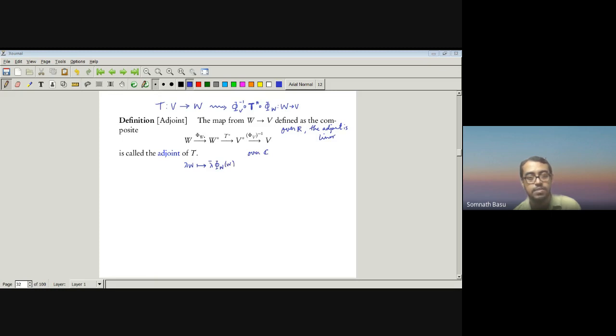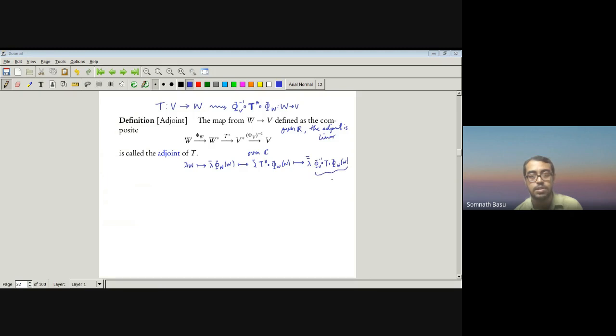Now I apply T star. T star is linear, so there are no issues there. So this is lambda bar times T star composed with phi W of w. Then I apply phi V inverse, but this is antilinear, so the inverse is also an antilinear map. So lambda bar will come out, correct? Times phi V inverse composed with T star composed with phi W of w.